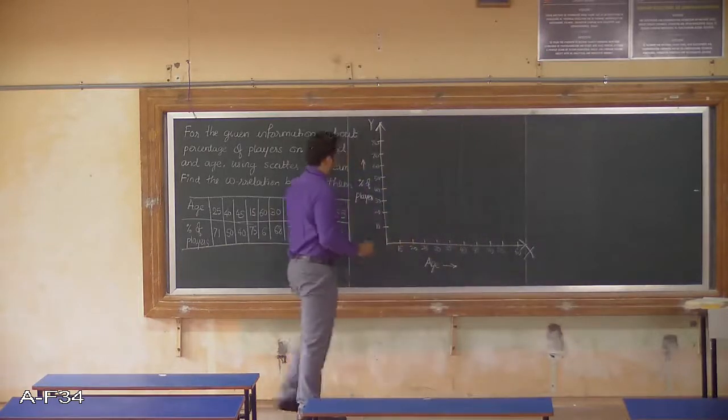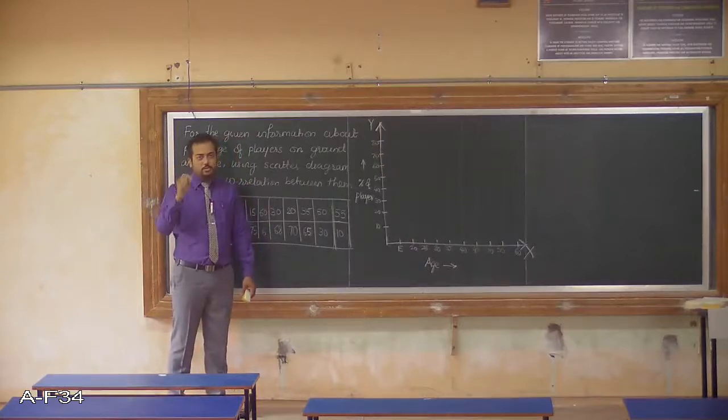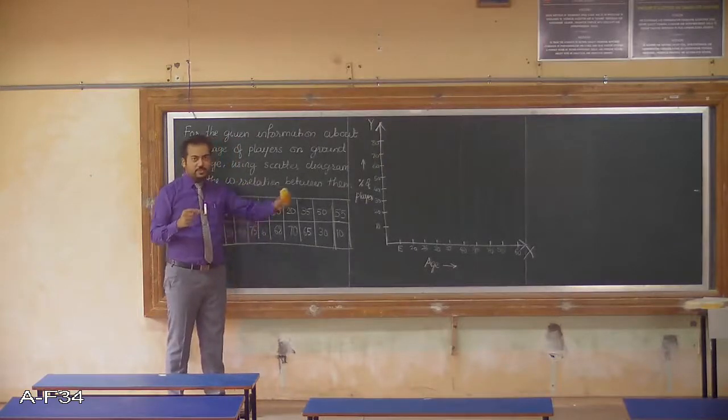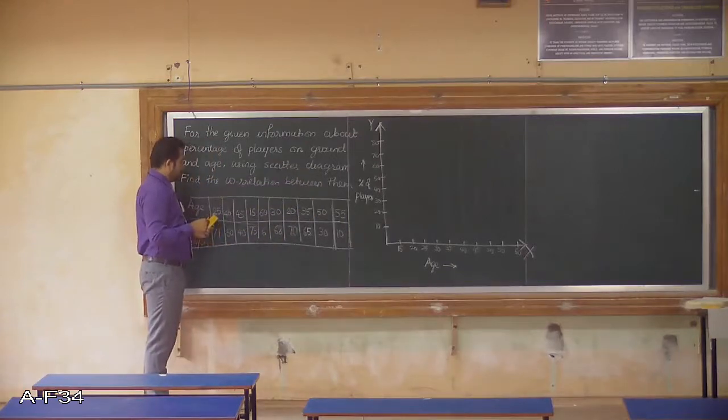All right. So now for every pair we have to plot a dot of x versus y. Now if you consider the first pair, age is 25, so my value of x is 25 and y is 71.